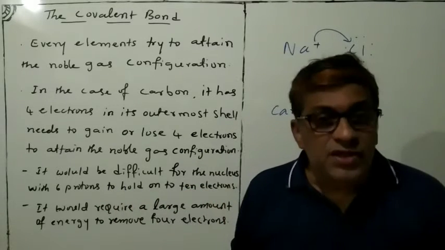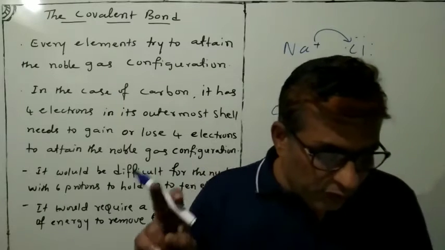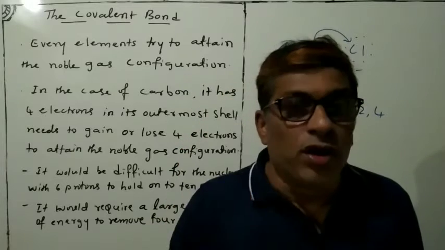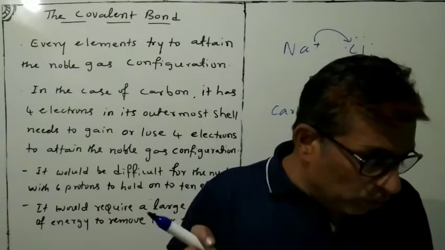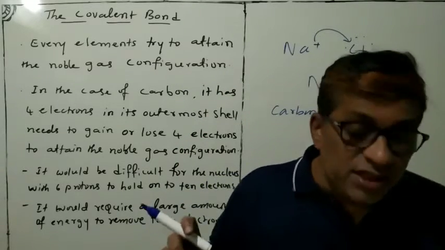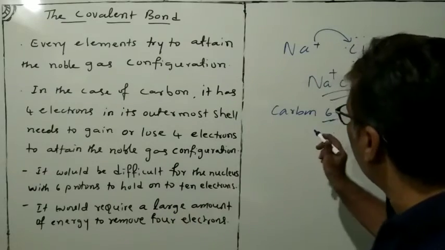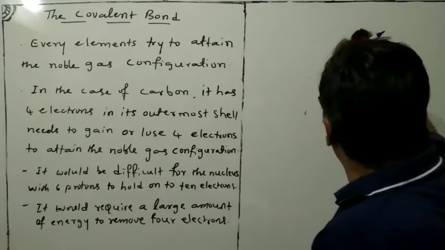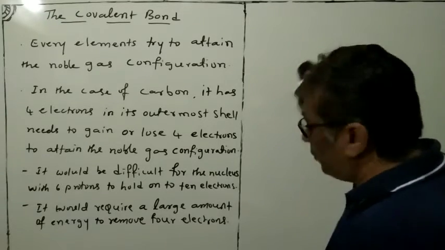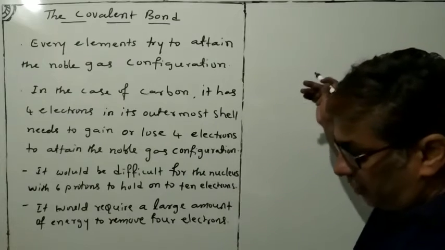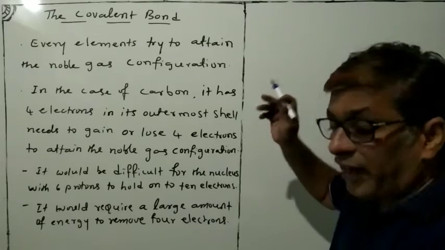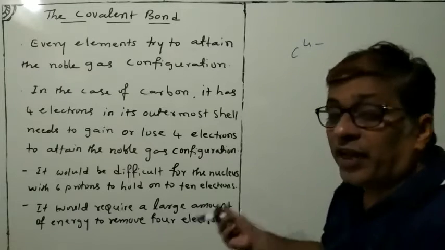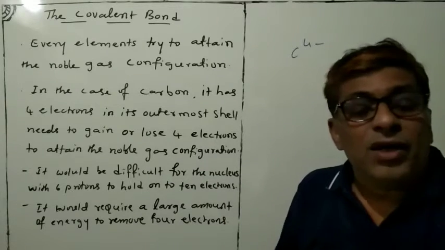There are 2 conditions given here. First, it could gain 4 electrons forming C4 negative, the C4- anion. Gain gives a negative charge, loss gives a positive charge.